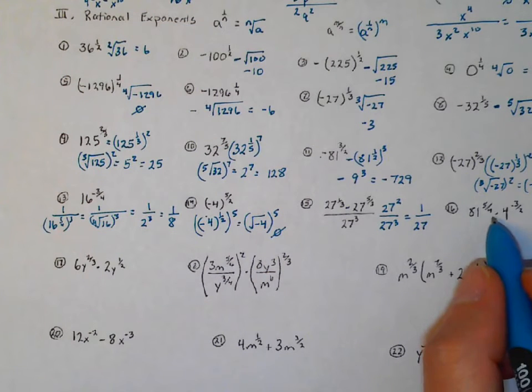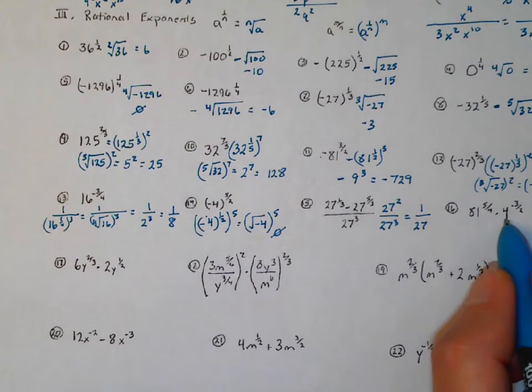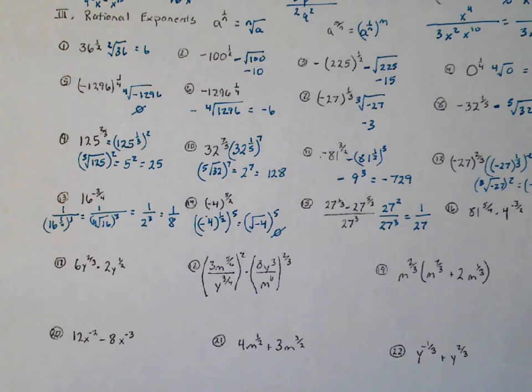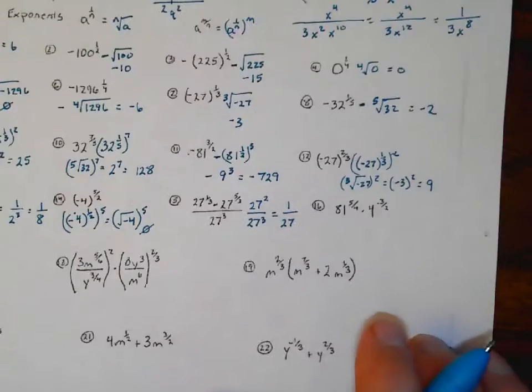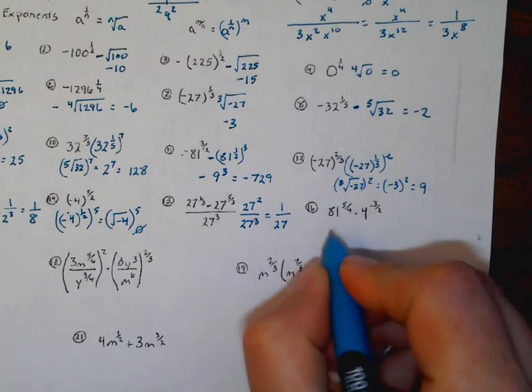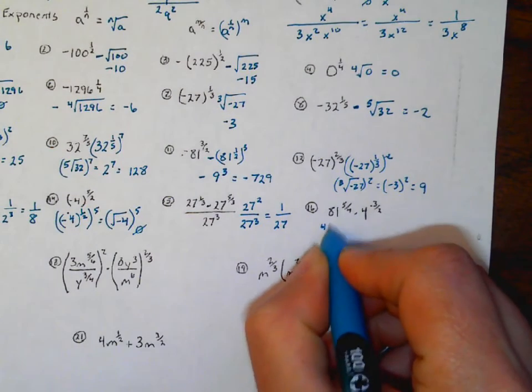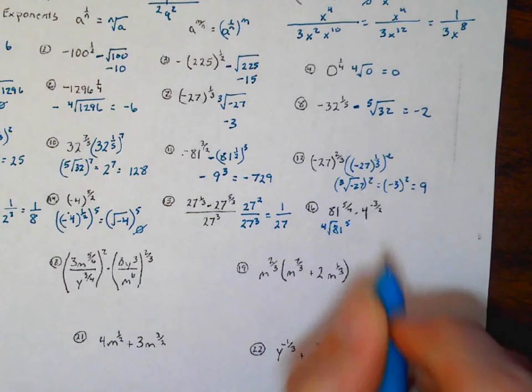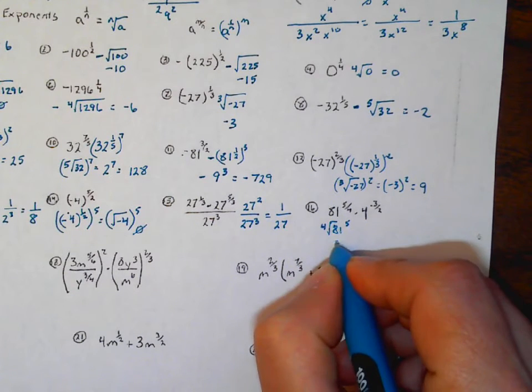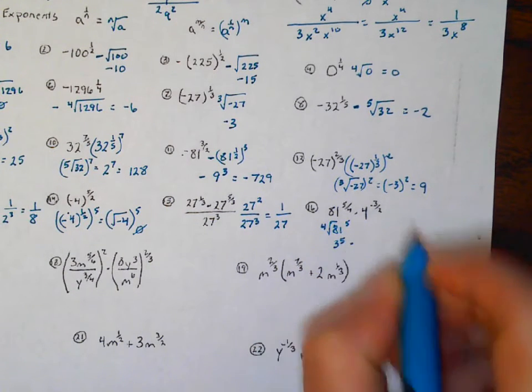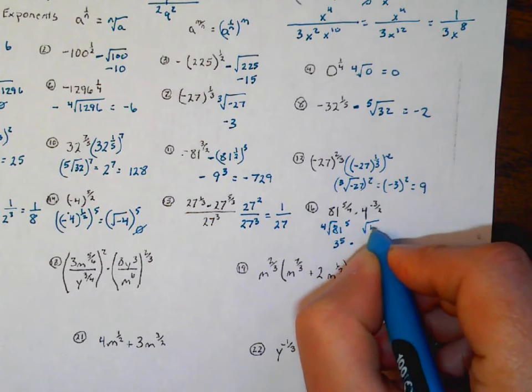Okay, now these are not the same bases. So we can't just combine them right away, but let's see what we can do to simplify them each individually. So this would be the 4th root of 81 to the 5th, which is the same as 3 to the 5th. This is the square root of 4 to the 3rd.